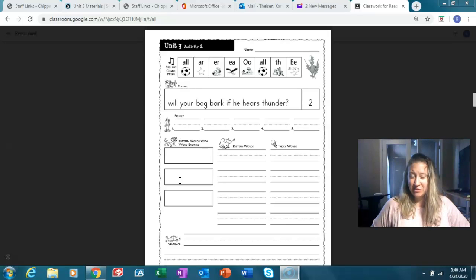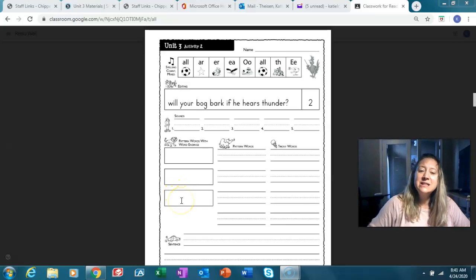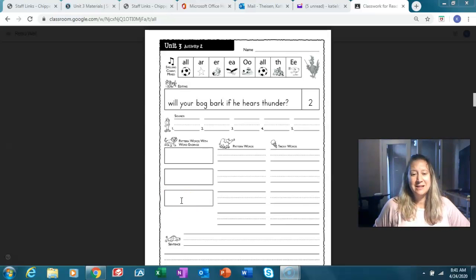What was the beginning sound of fall? F. What was the rest of fall? ALL. But you're not done yet. I want you to change fall into falling. I am falling. What did you add to the end? ING. Good job.